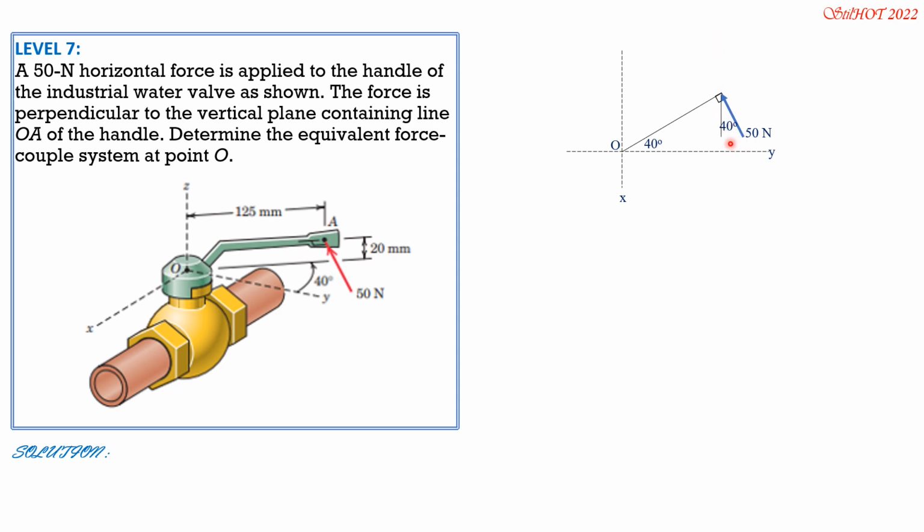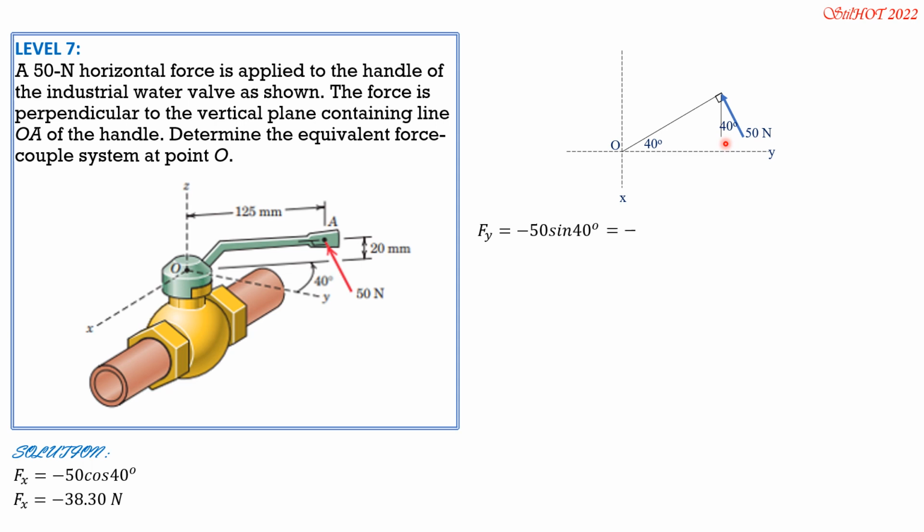It is negative 50 cosine of 40, and that is negative 38.3 newtons. Fy, this component is to the left, so opposite of y. So Fy is negative 50 sine of 40.